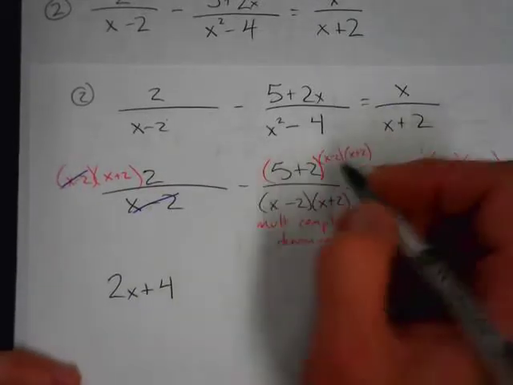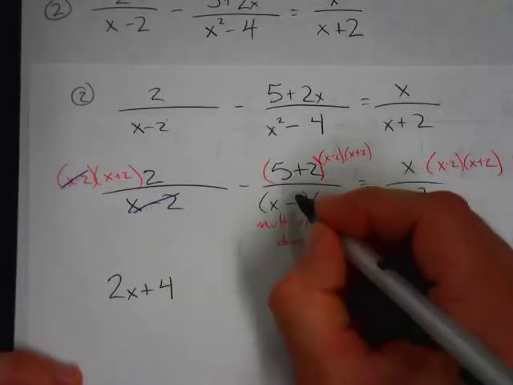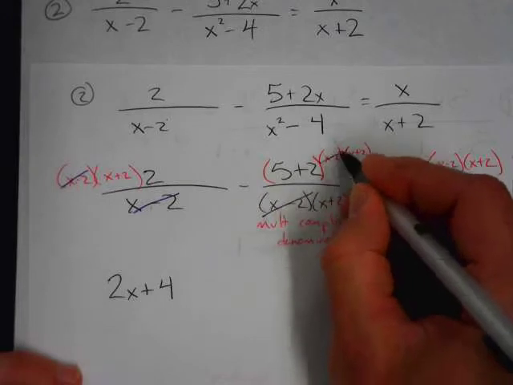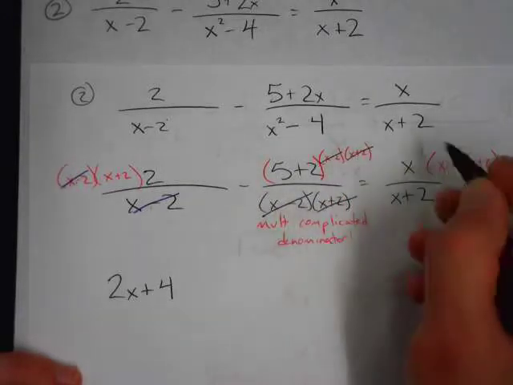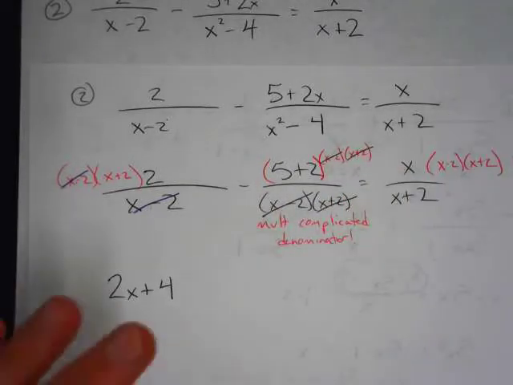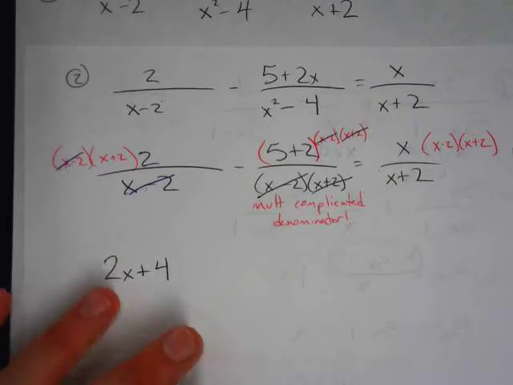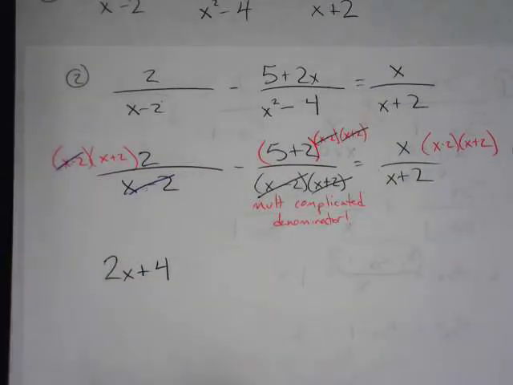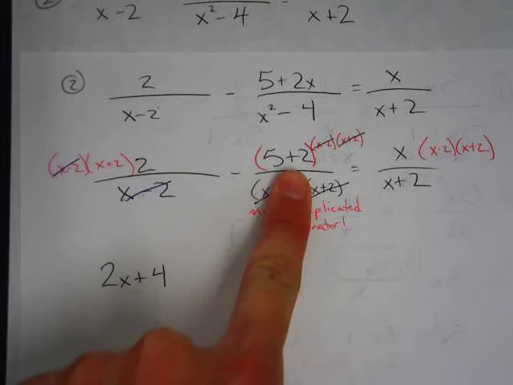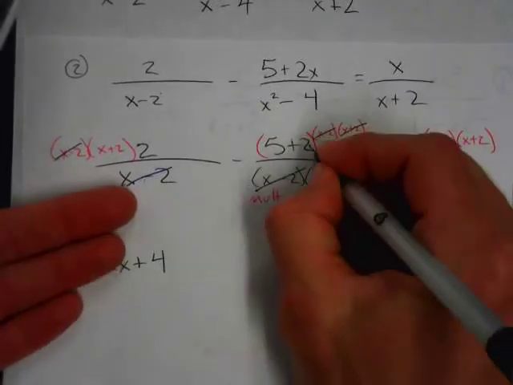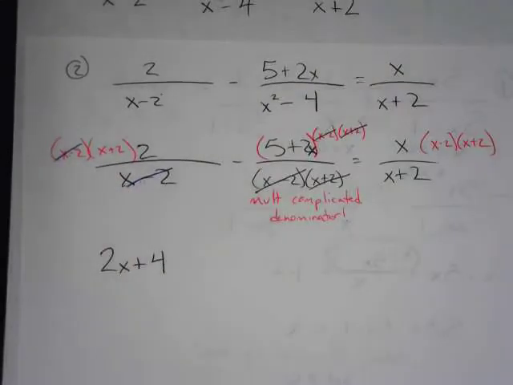Now, for the second number, look what's going to happen. X minus 2, x minus 2, x plus 2, x plus 2. Right? Remember the lesson on simplifying rational expressions. And so I'm left with minus 5 plus 2x. Oh, why didn't you tell me that before? Oh, because it's a one-way video. That's why. No big deal.